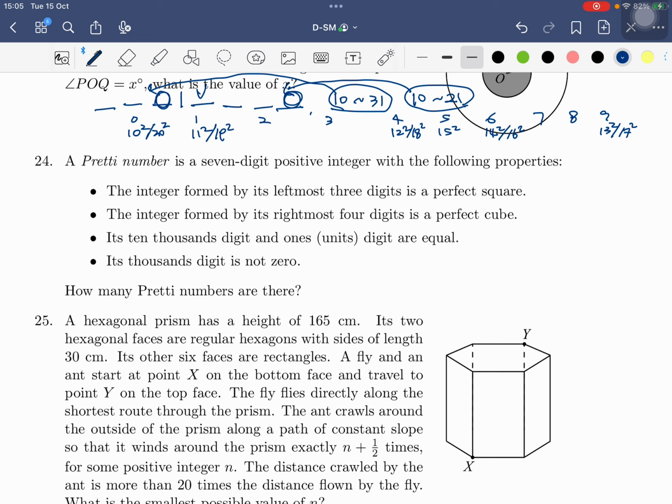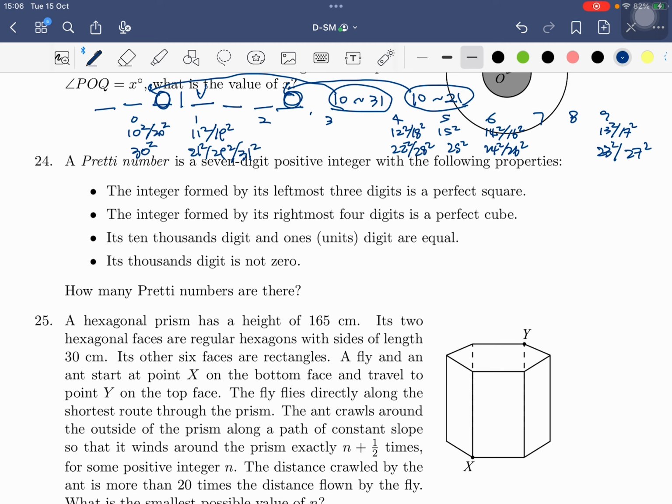And 21, 22, let me do it here. 29, 22, 28, 25, 24, 26, because it's the last digit, 23, 27, and 30, and 31.